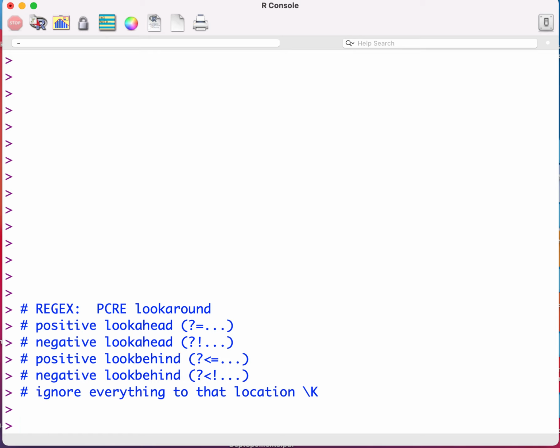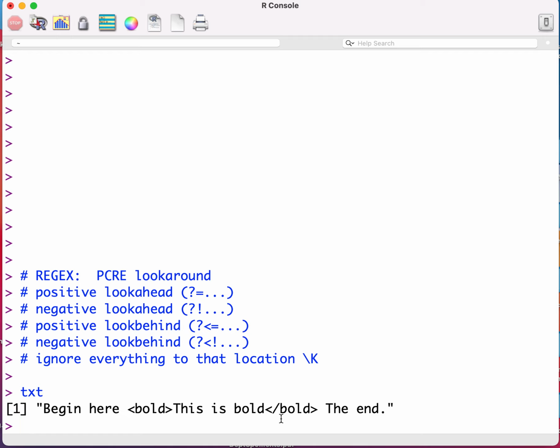So I have a piece of text here that looks like some HTML. It has a tag here and a tag here. Let's say I want to get all the text up to this one. So I want it to go through the text, looking at each letter, looking for a match. And then it's going to say, aha, its match is followed by this.